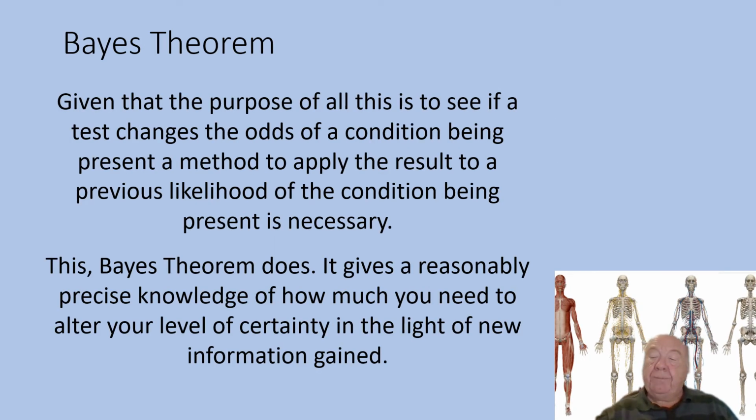Bayes' theorem does exactly that. You have to estimate the odds of the patient having the condition, and you can get that from prevalence values or from your previous testing, which includes subjective history and objective tests. All of this comes together to give you an idea of what the chances are of this person having the condition. Bayes' theorem allows you to change the probability of that condition being present as more information comes in. A lot of this depends on how accurate the initial test is, but only to a certain extent.